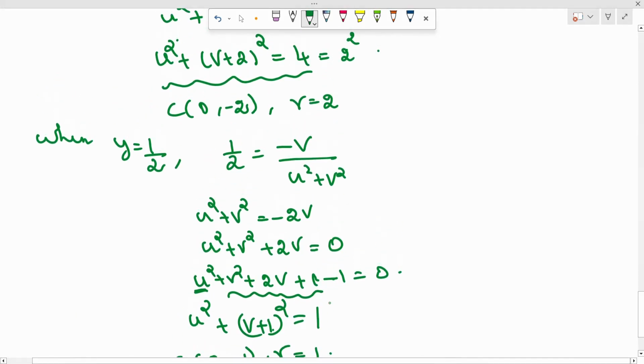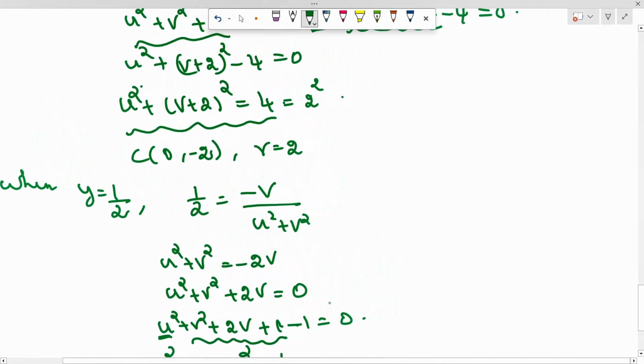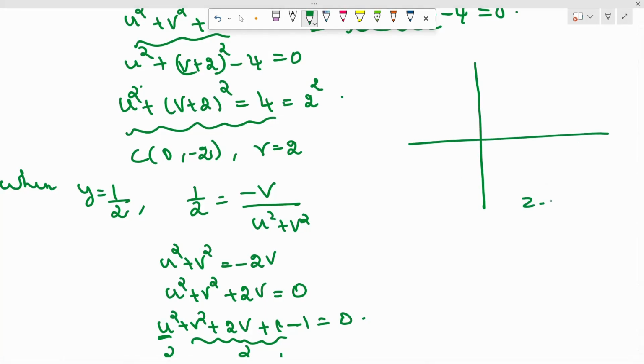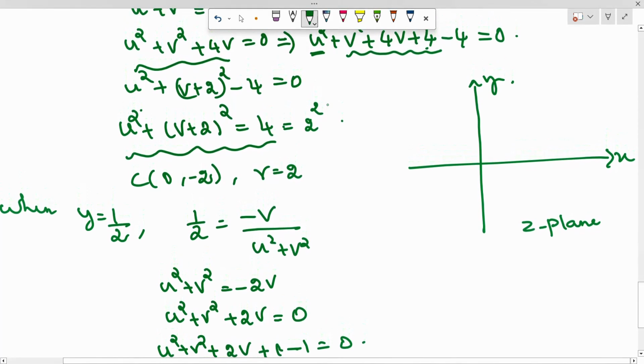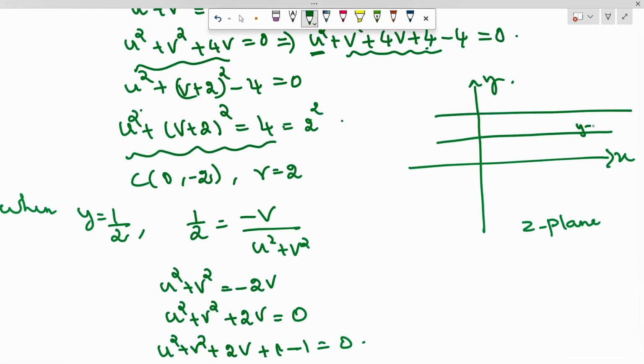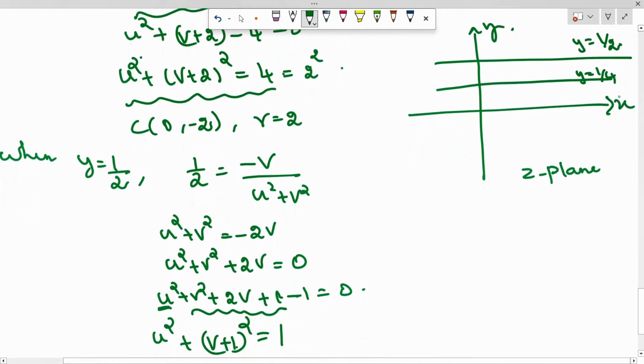Okay. Now we can draw the diagram. Z plane: x-axis, y-axis. The given strip has y is equal to 1 by 4 as one line and y is equal to 1 by 2 as another line. This is our Z plane image.